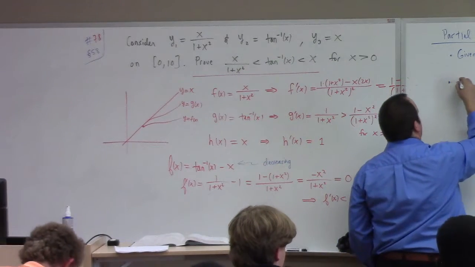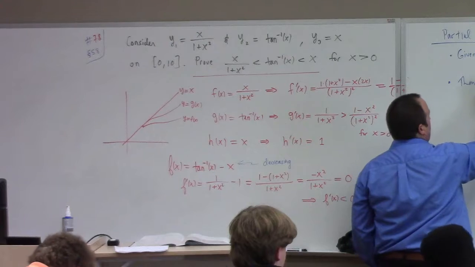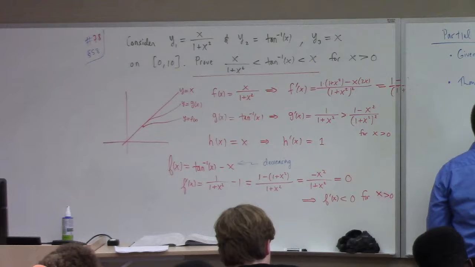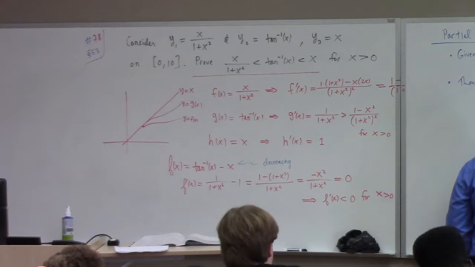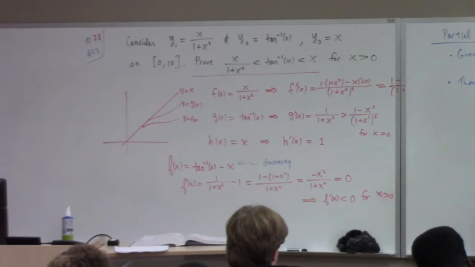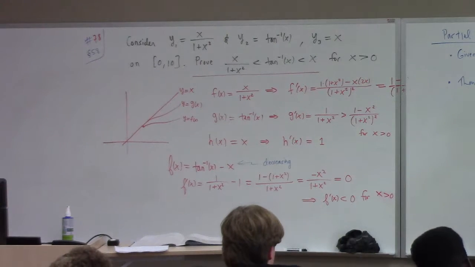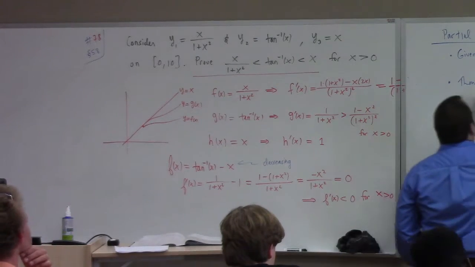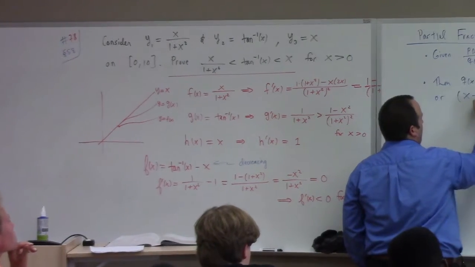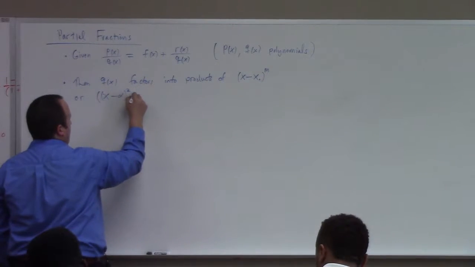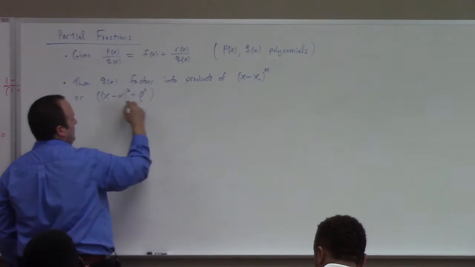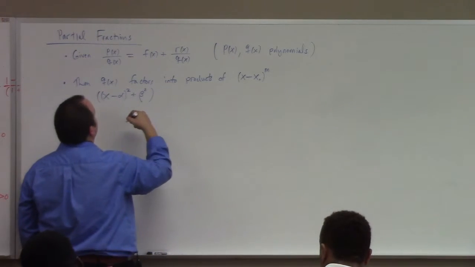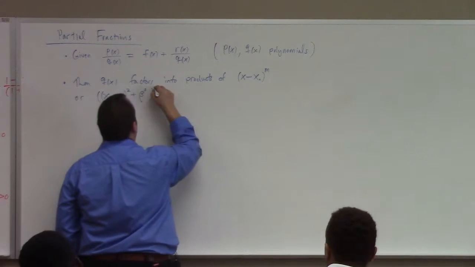And then Q of x factors into products of either things like x minus x naught to some power, possibly, or x minus alpha squared plus beta squared to some power, let's say m.